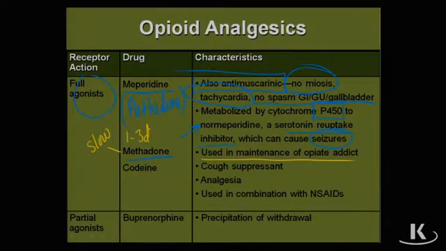Codeine has now been placed by some of my colleagues in the full agonist section. Codeine is really a weak agonist to the extent that actually it should really belong to partial agonists. Codeine as a weak agonist is primarily used as a cough suppressant and is used as an analgesic, but not a strong analgesic. As a matter of fact, it's generally used in combination with NSAIDs.